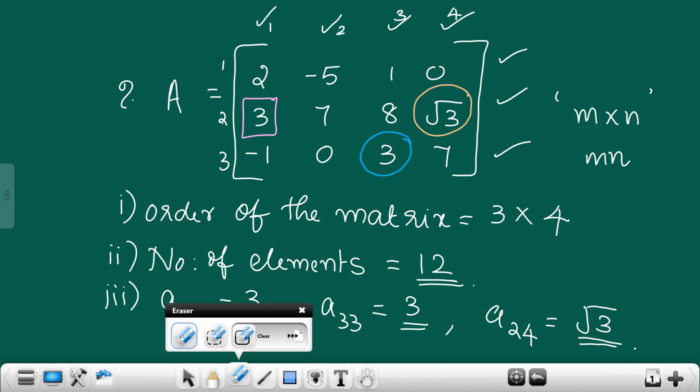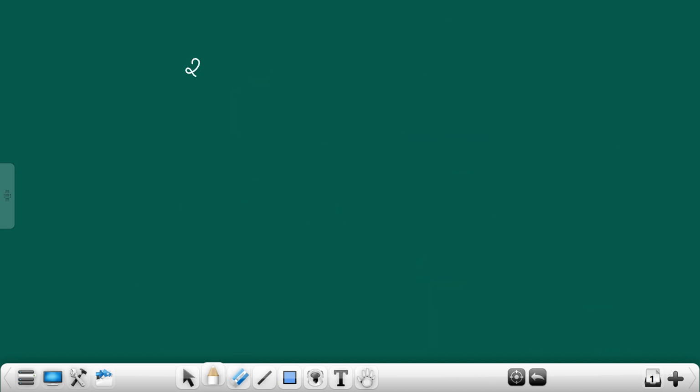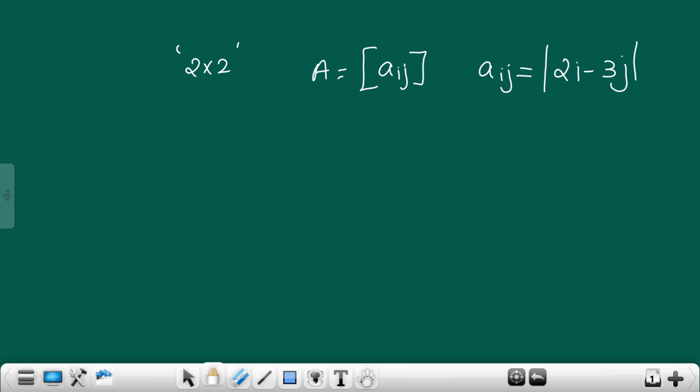Consider a 2 by 2 matrix. Capital A equal to matrix Aij. It's a general notation, where Aij equal to modulus 2i minus 3j. Write matrix A. This is our question.